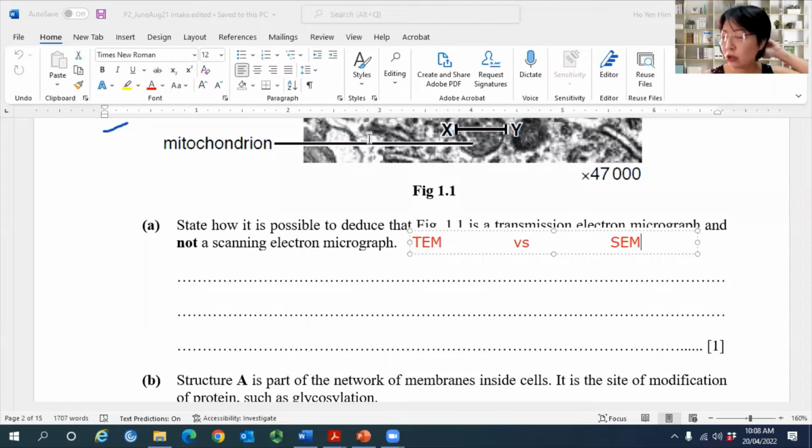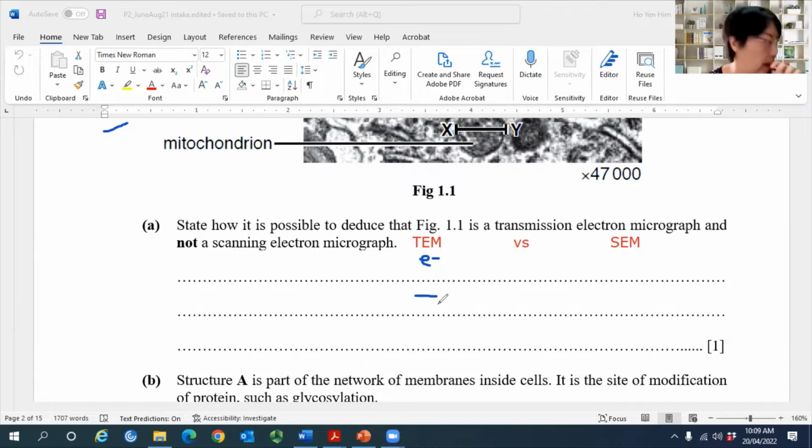Cheng Han surely knows the answer. Electrons. So an electron microscope shoots electrons towards the object, and certain parts of the object are electron dense.